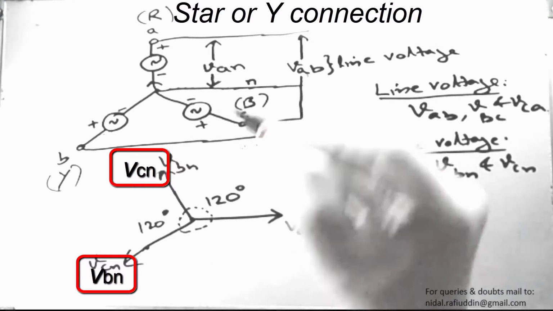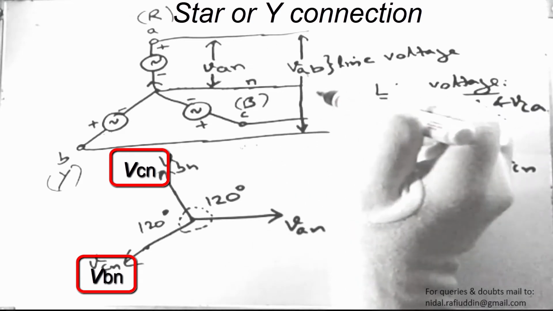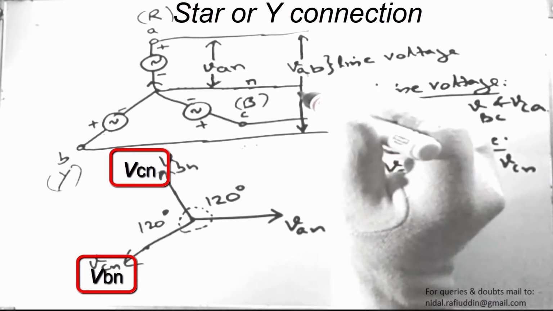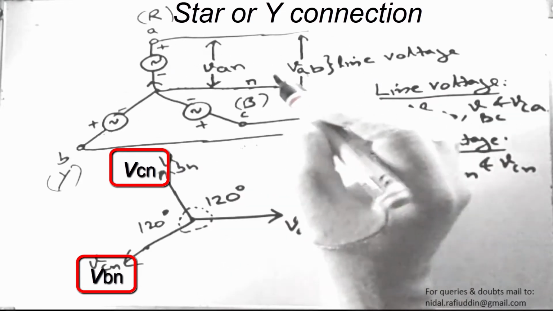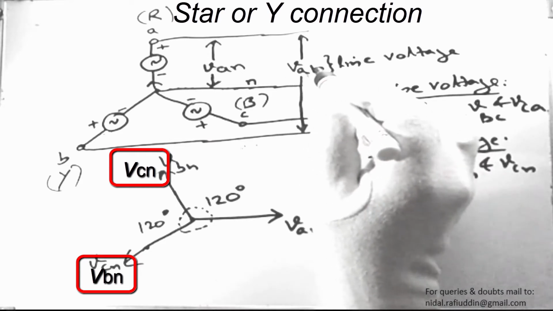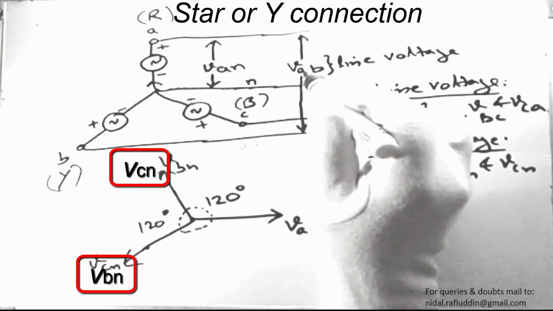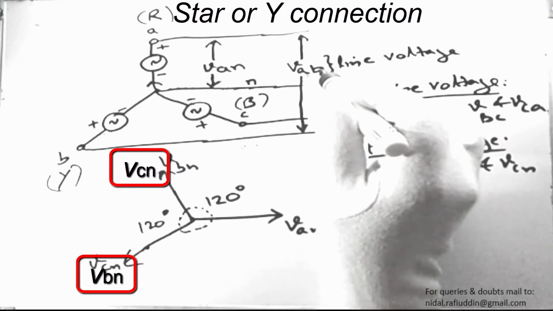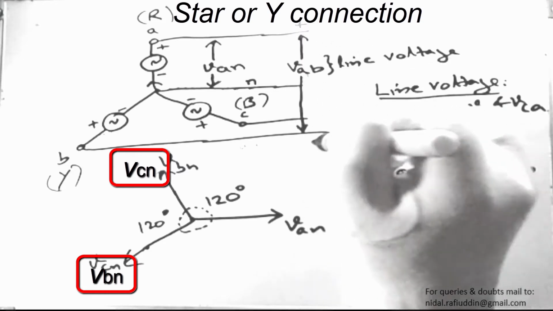Now if I look at this particular figure, we are talking about the line voltage, which is the voltage that exists between phases A and B. VAB means we are talking about the voltage of phase A with respect to B. So if this is phase A, we take this as positive and this as negative.